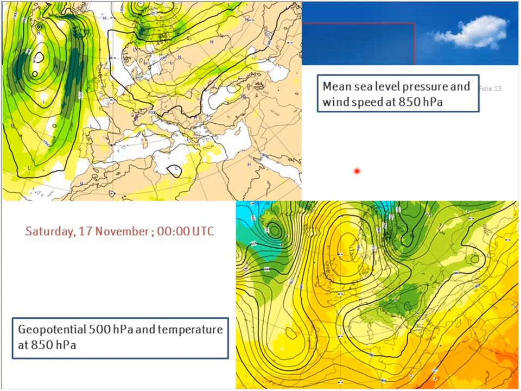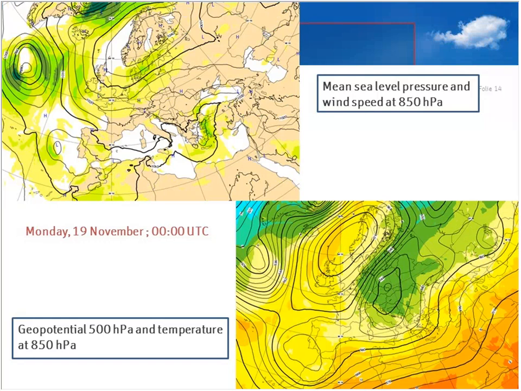So what happens? The surface high pressure moves to the north, you see it here, and the omega is a little bit deformed. You see here colder air from Russia penetrating to Central Europe. Then 2 days later, Monday, midnight, what happened?